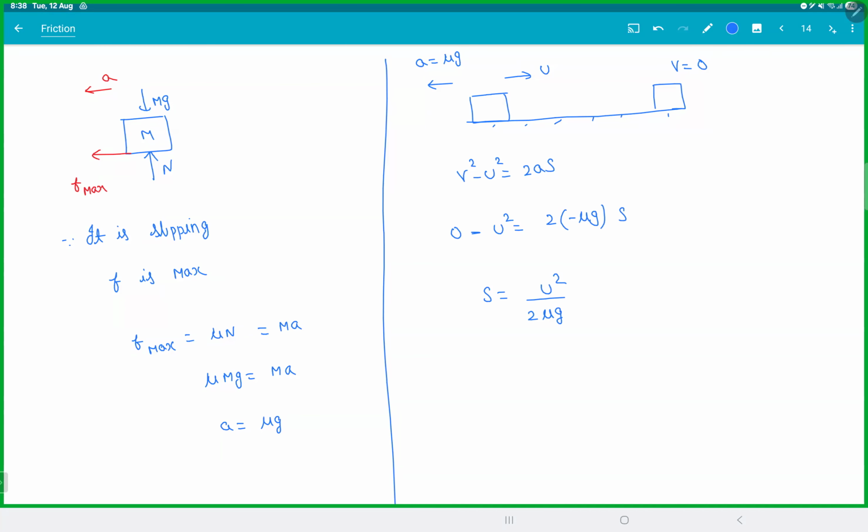So here the ground is at rest. So how do you know it is slipping? So this is one thing. When you say surfaces are slipping, what do you mean by that?